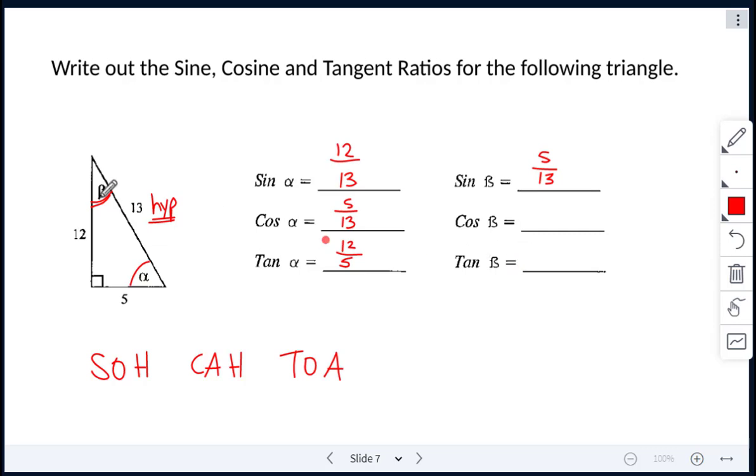When we look at beta, this is its opposite, and 12 is its adjacent side. Hypotenuse stays as the hypotenuse, it's still 13. So for cosine beta, adjacent is 12, and hypotenuse is still 13, so 12 over 13. And lastly, tan of beta would be opposite over adjacent, so therefore 5 over 12.